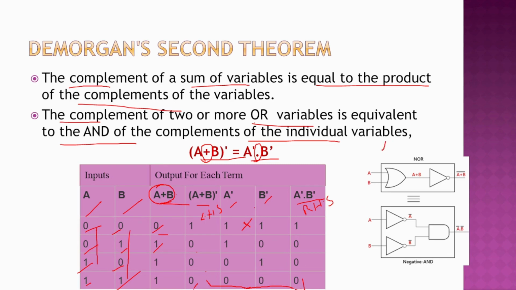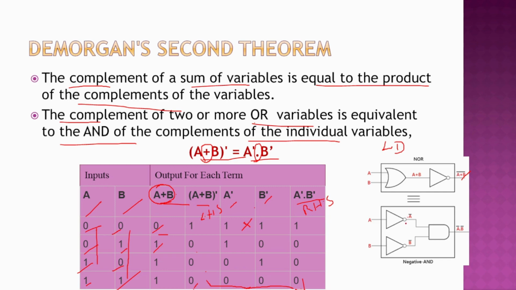This is the logical diagram of De Morgan's second theorem. For the LHS, you need to draw an OR gate and then connect it with the NOT gate to get the A plus B the whole dash value. It is equivalent to A bar dot B bar.